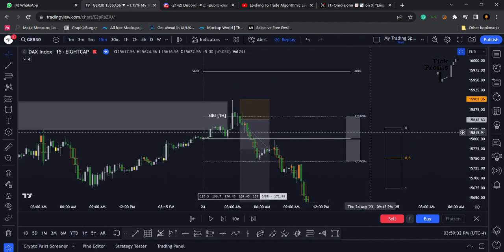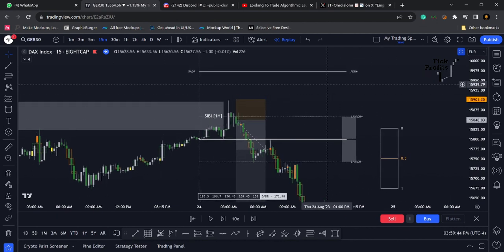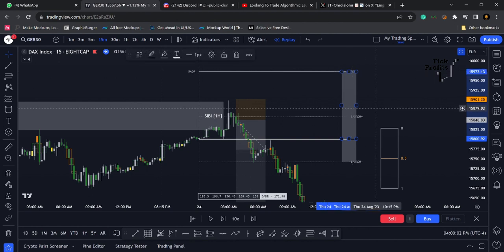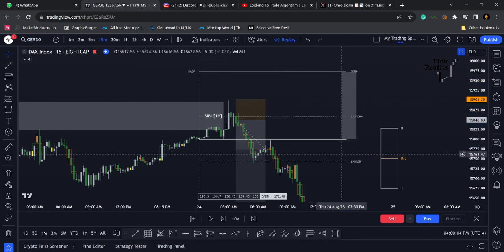So it's the same thing for the 5 ADR. The 5 ADR takes into account the daily range for the past 5 days. So price usually tends to get into this zone as well and reverse, but most of the time price reverses from this 1/3 ADR. But when price wants to really push up to get to the extremities, that's when you see that price gets to this 5 ADR and possibly reverses from it.